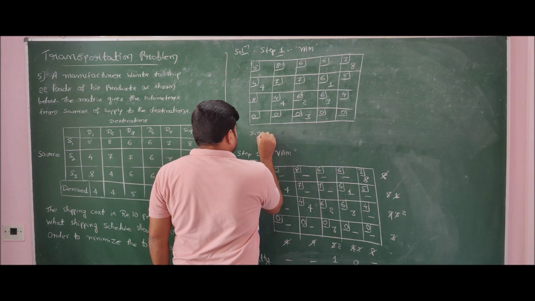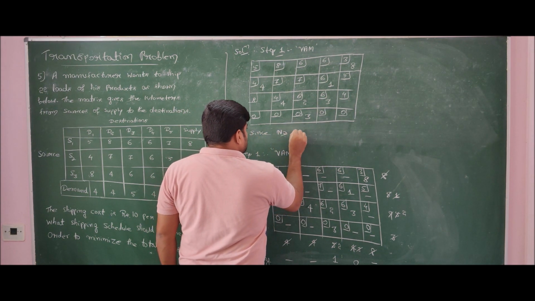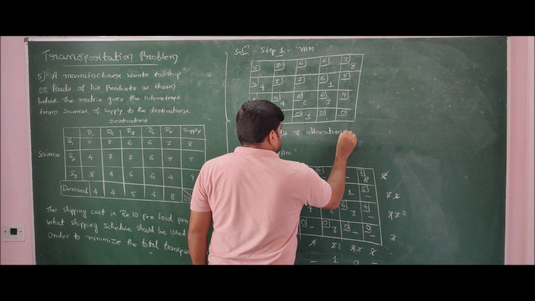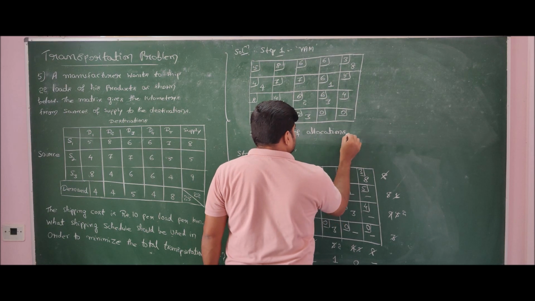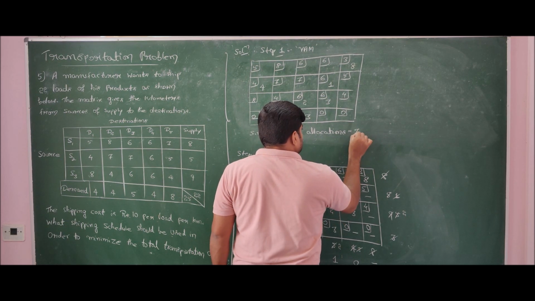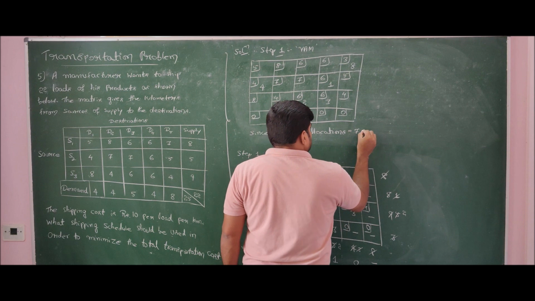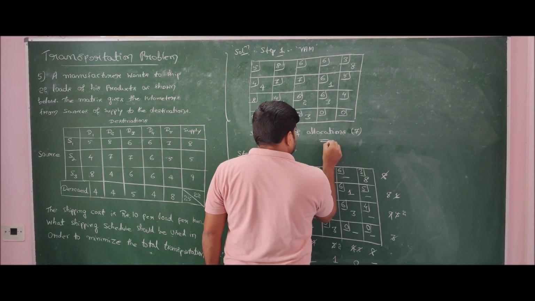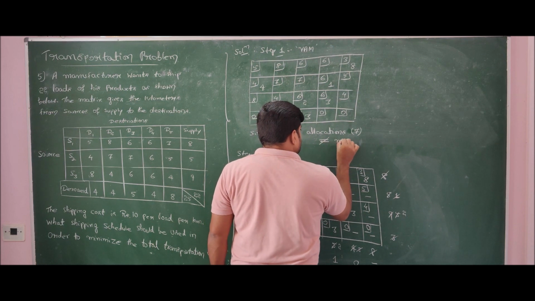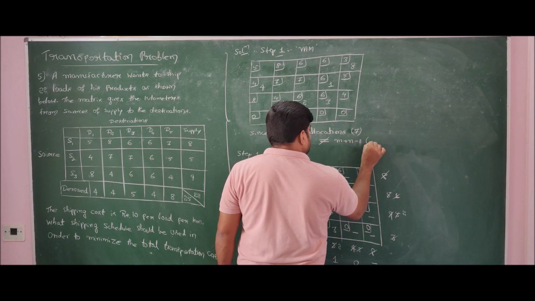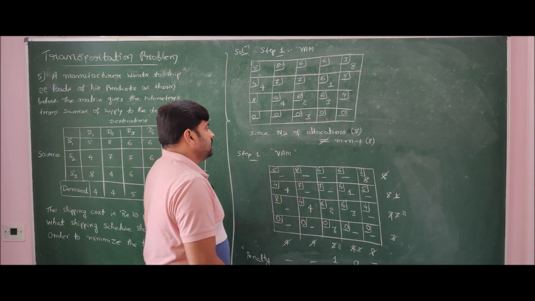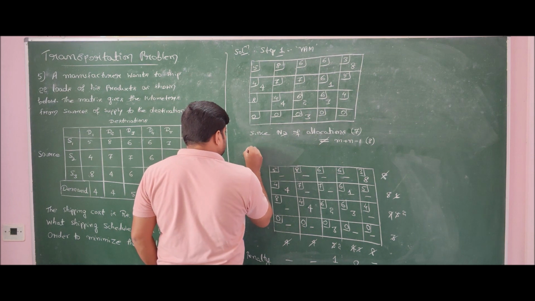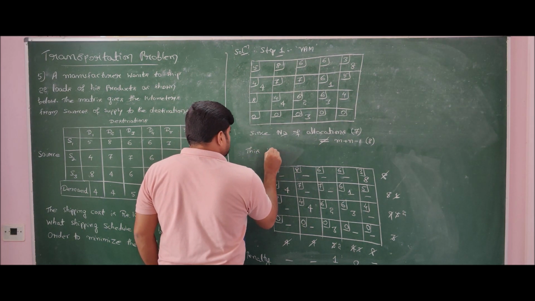Since the number of allocations, which is equal to 7, is not equal to m plus n minus 1, that is 8, this is degenerate.